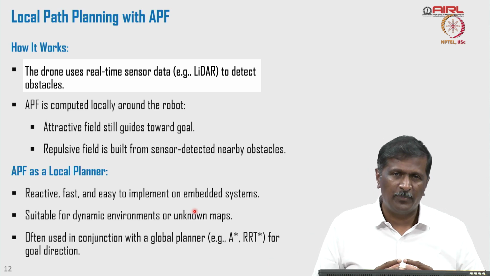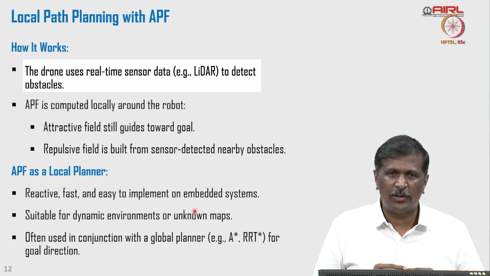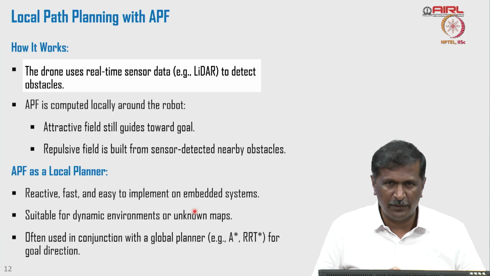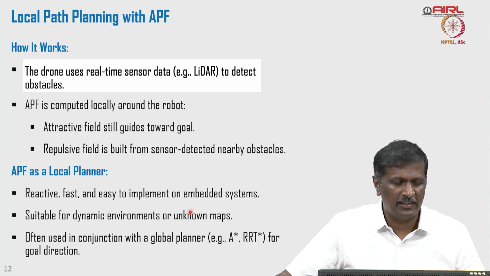The earlier one is procedural collision avoidance. Now what we are talking about is a real sense-and-avoid kind of problem, where the sensor is able to identify the conflict zone, right? Once a conflict zone is identified, APF will be able to generate a feasible trajectory in real time and can be implemented in an embedded device with ease.